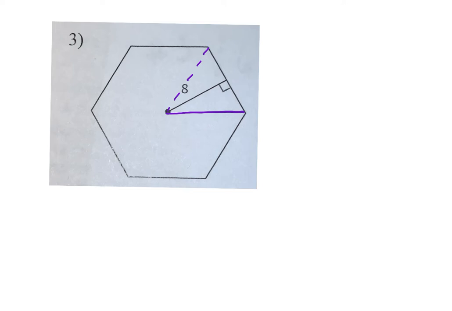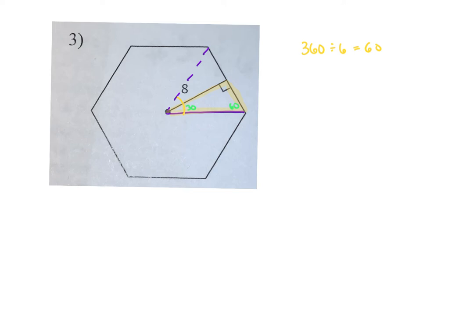So to figure out what this angle measure is, I would just take 360 divided by my number of sides, which means that entire angle is 60. So for the triangle that I'm actually looking at, which is this triangle right here, I just need this little tiny piece, which is half. So this is going to be my 30. This is my 60, and that's a 90. So I have a 30, 60, 90 triangle.